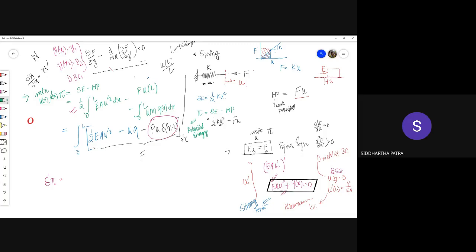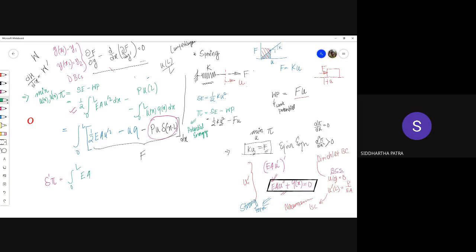So the first term would look like the way we wrote the first variation for the functional. You can try it on your own. So this is what it is going to look like.